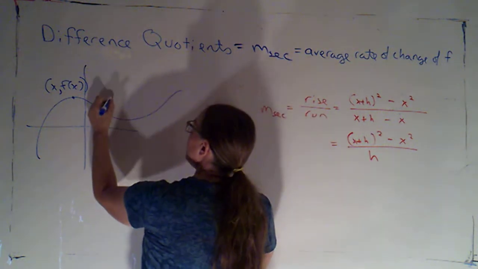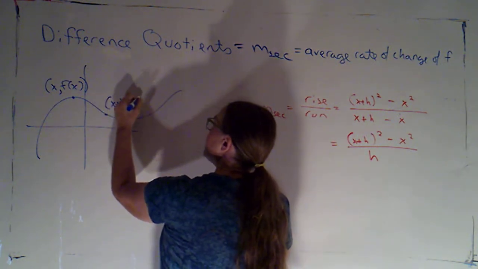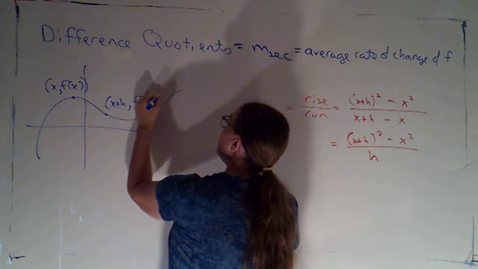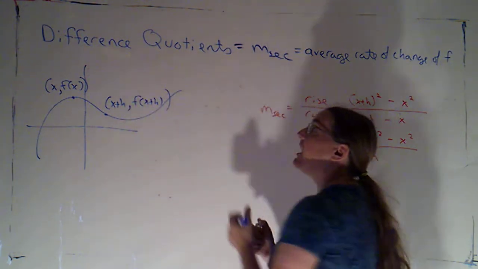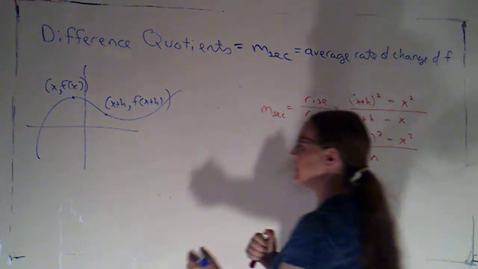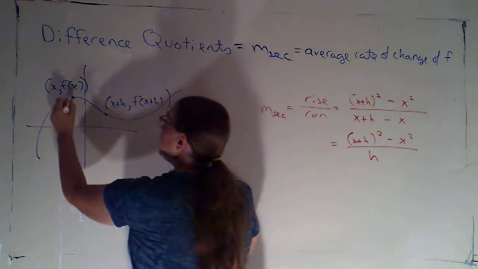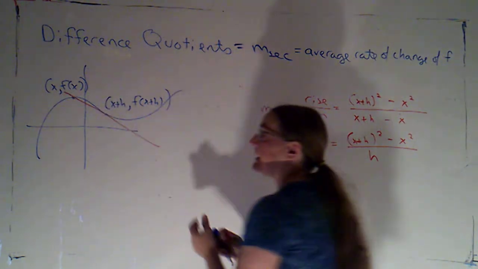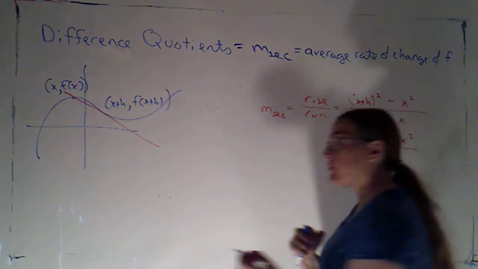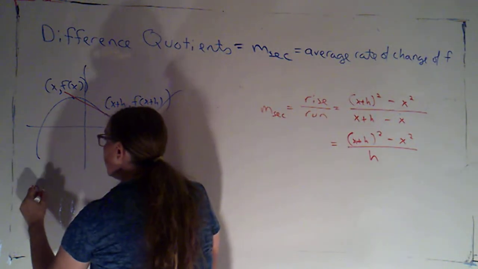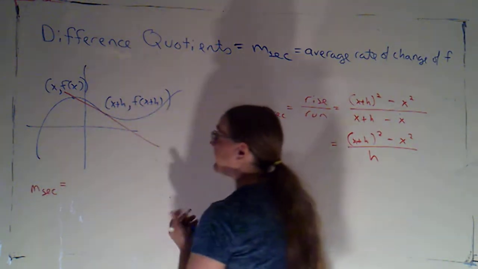And then I'll have a point x + h, and the y value would be f(x + h). Then we can draw in that secant line, and the difference quotient is just the slope of that secant line.